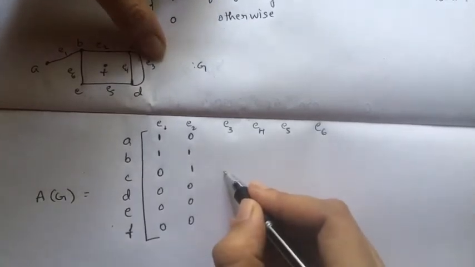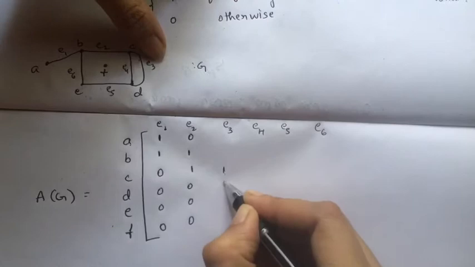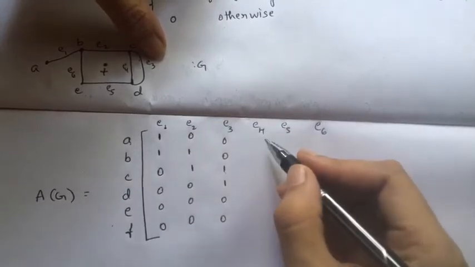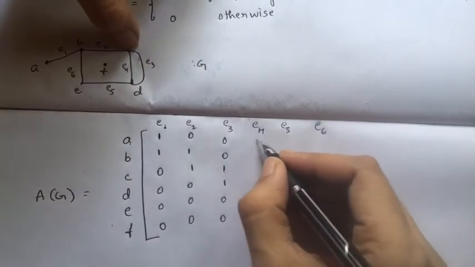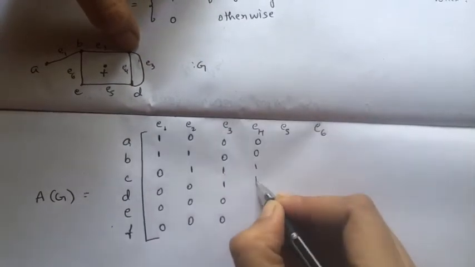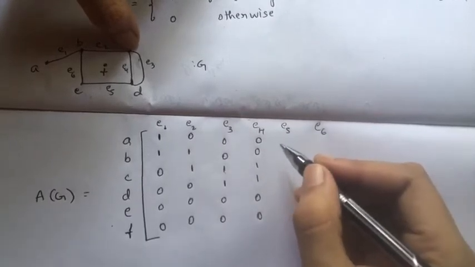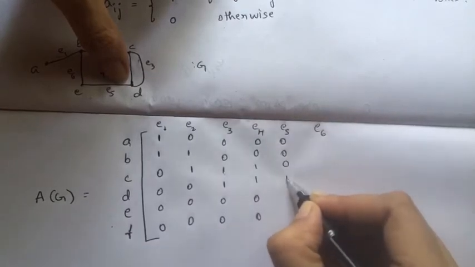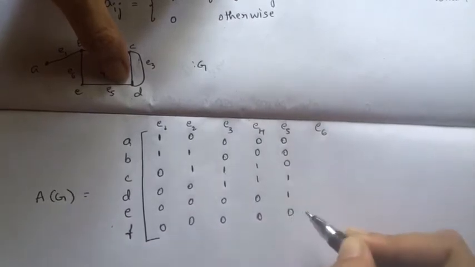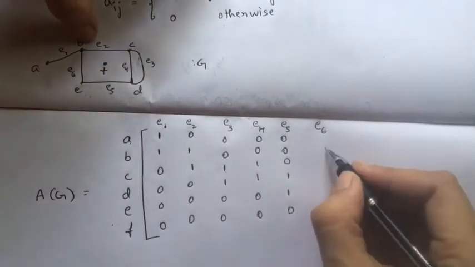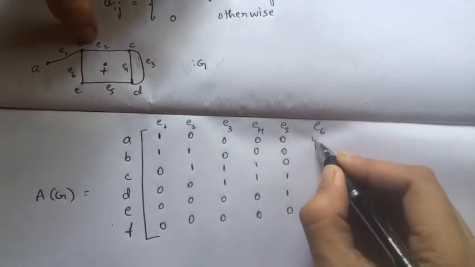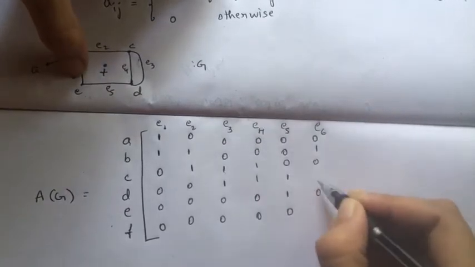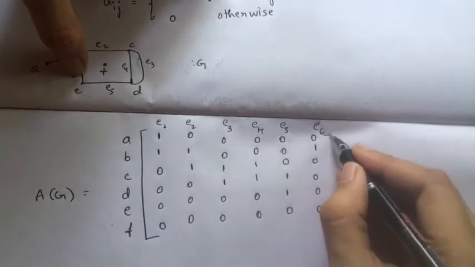E3 is on C and D, so the rest are 0. Then E4 is again on C and D. E5 is on E and D. E6 is on B and E. The rest of the entries are 0.